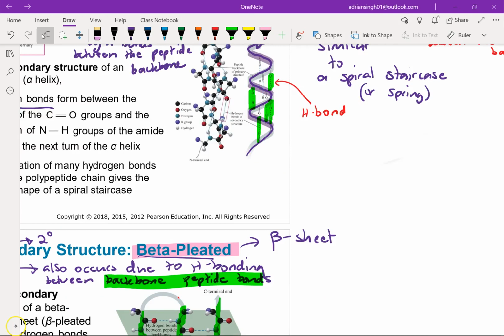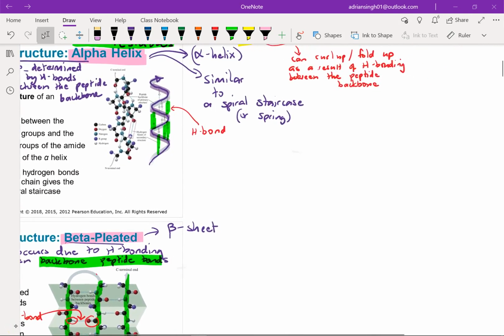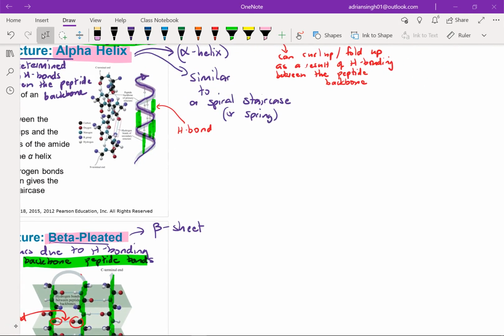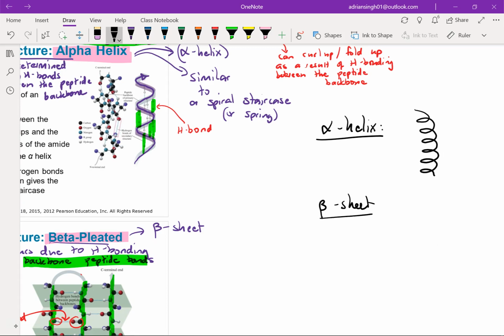So just to backtrack a second, when you look at some of your questions on the homework, they may have pictures like these. Often you'll see your alpha helix being represented like a spiral or a spring like this, and your beta pleated sheet would look like just a bunch of arrows this way.